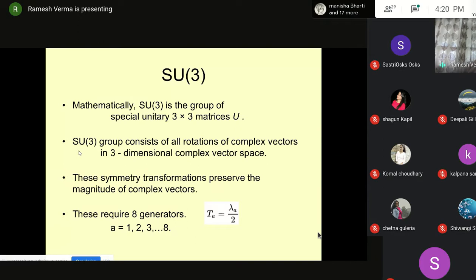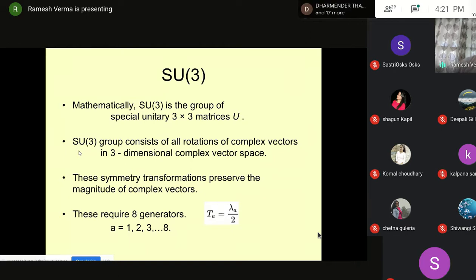In 3x3 complex matrices, how many elements do we have? 3 into 3, 9; 9 into 2, because every element has a real part as well as an imaginary part, 18. But 18 will be reduced to 9 because of the unitarity condition, and one more condition, that the determinant should be 1, will reduce 9 to 8. That is how we find the requirement of 8 generators.